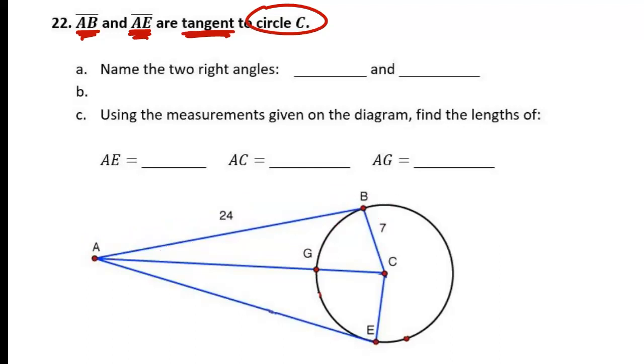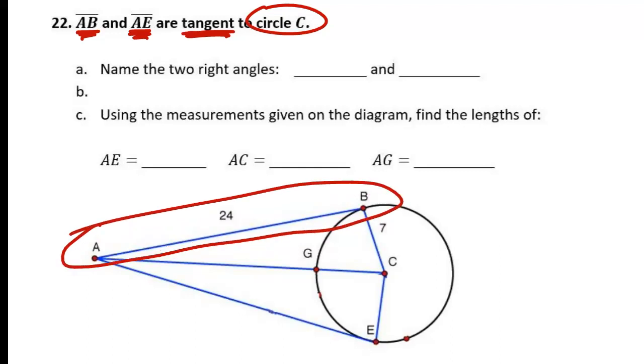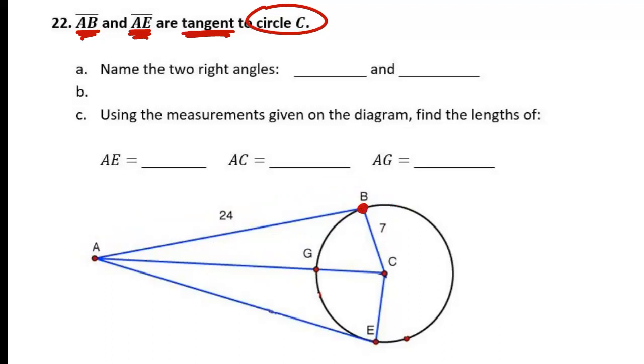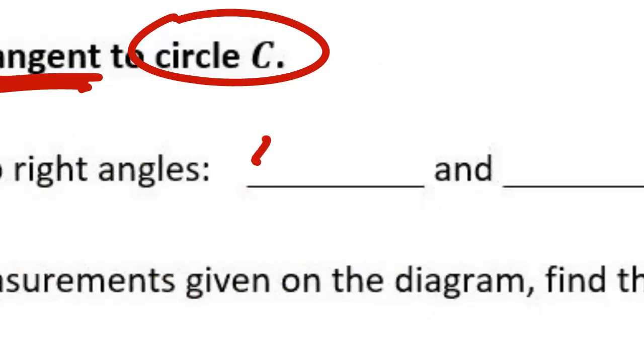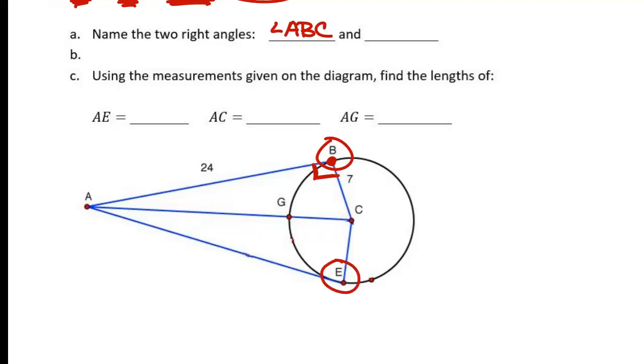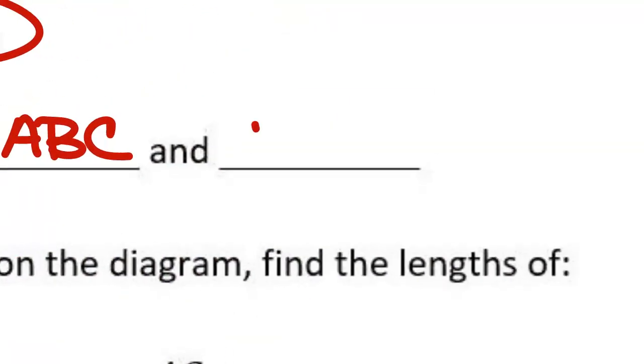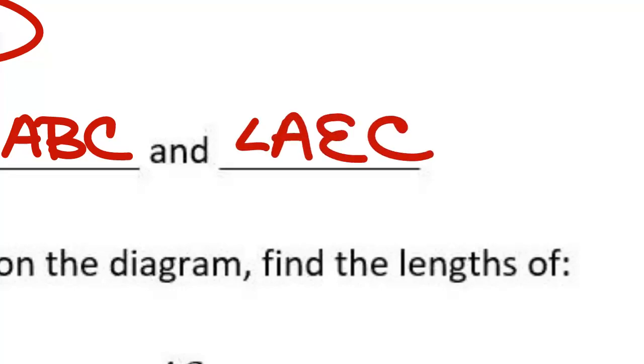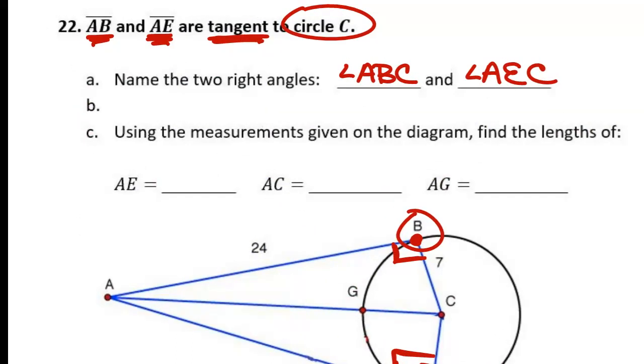Where does segment AB touch my circle? At point B, right here. So that is where the right angle is, angle ABC. AEC would be the other one, yes, because that's where that tangent touches my circle. So ABC and AEC. Nice work.